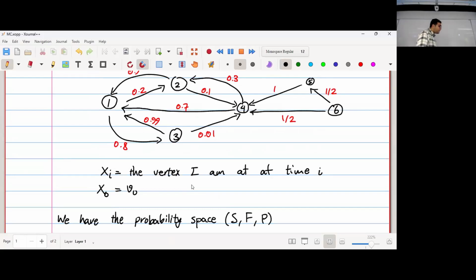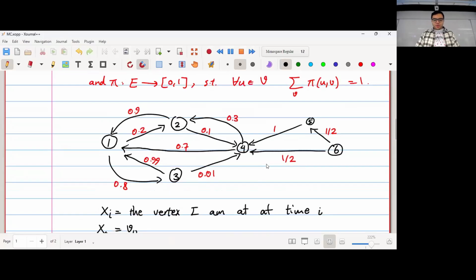But why did I do all of this? Because I want to actually solve some interesting problems. And before I can solve interesting problems, of course, I needed to have a well-defined setting for what I'm working with. Okay. So here's the first problem. Suppose that I start at vertex 1 here, and I keep walking. I take an infinite path, and of course, according to this probability distribution.